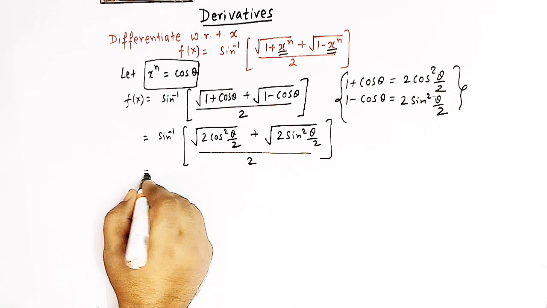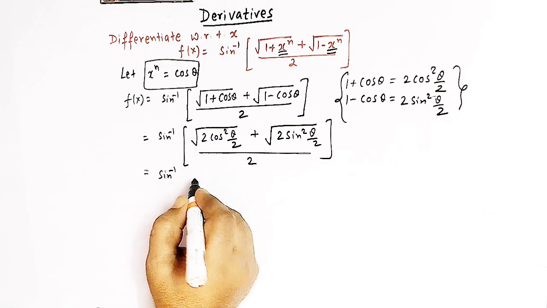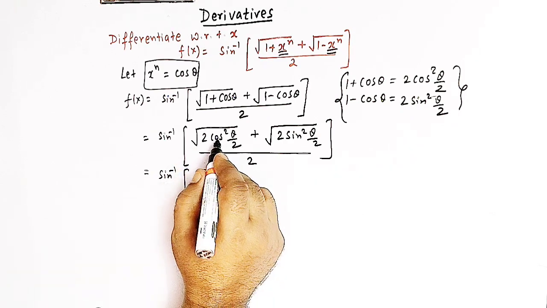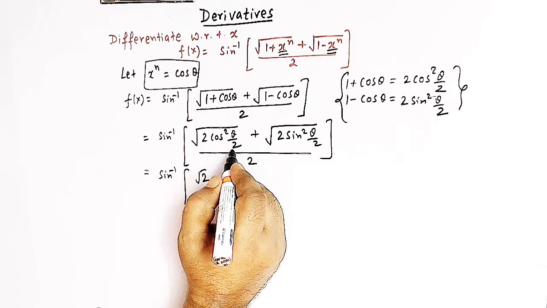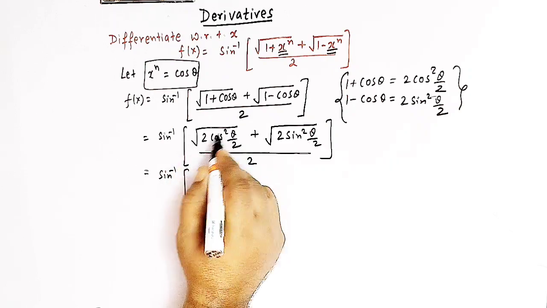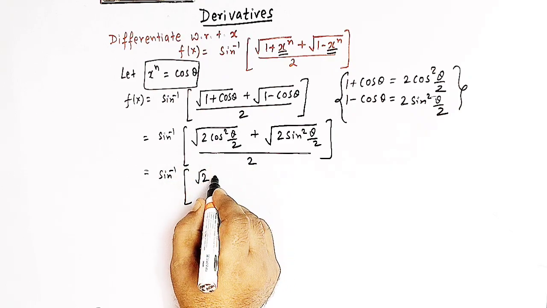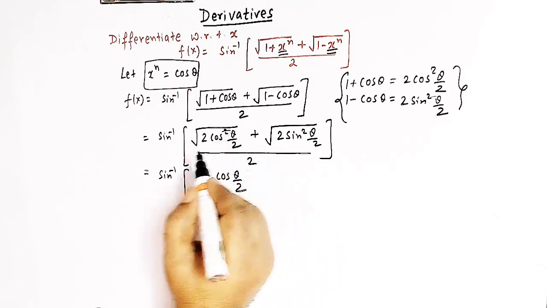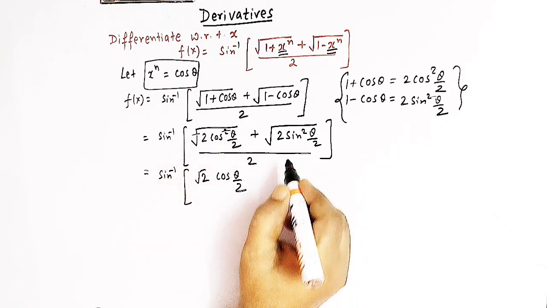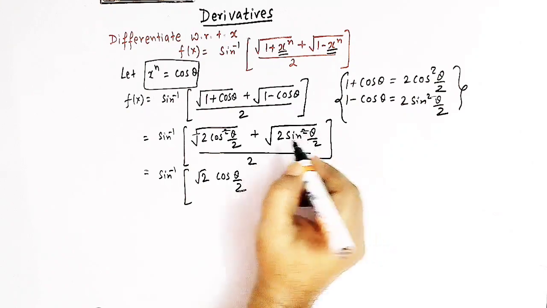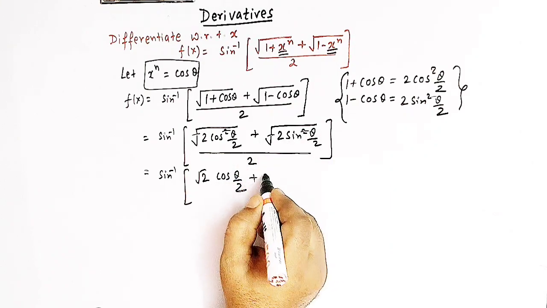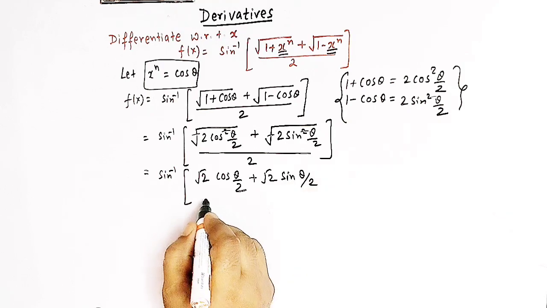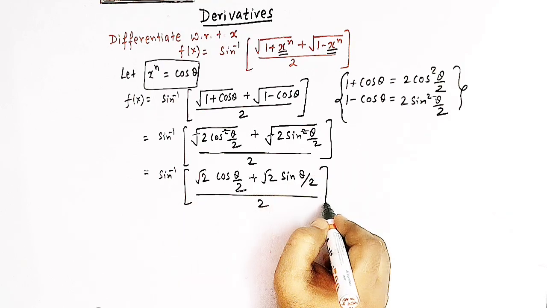So now we can write sine inverse, and here we have square root of 2 and cos square theta by 2. It can be taken outside the square root sign, so we have simply cosine theta by 2. This square gets cancelled with this square root, and similar is the case here. We have square root of 2 and sine theta over 2 divided by 2.